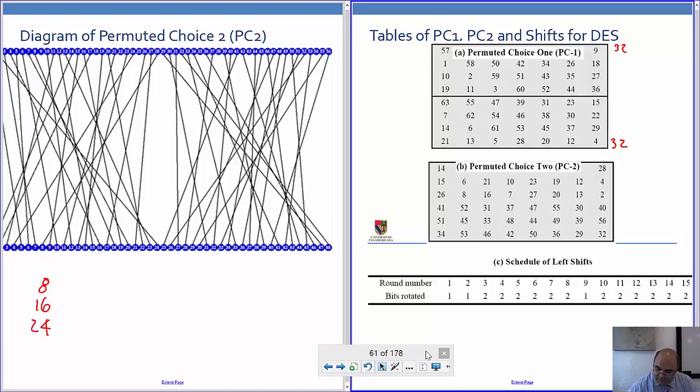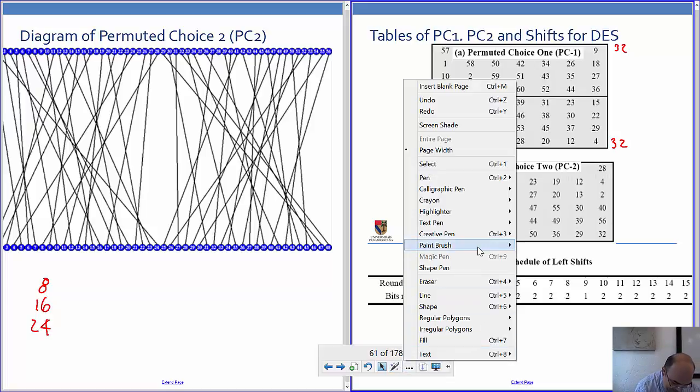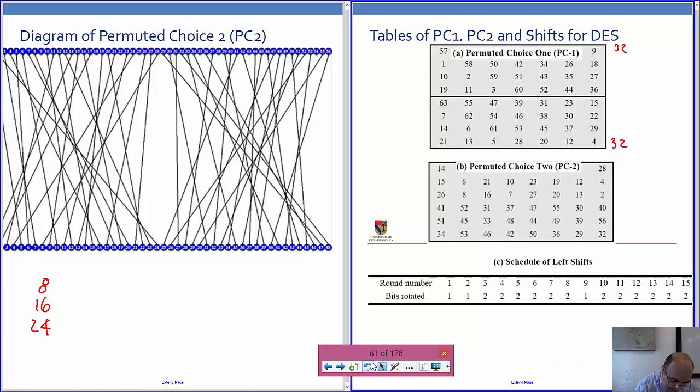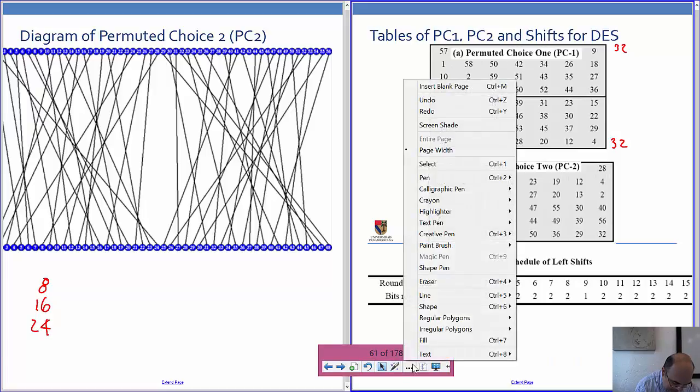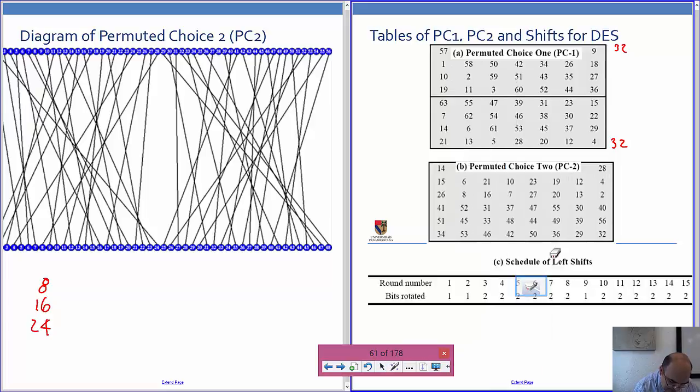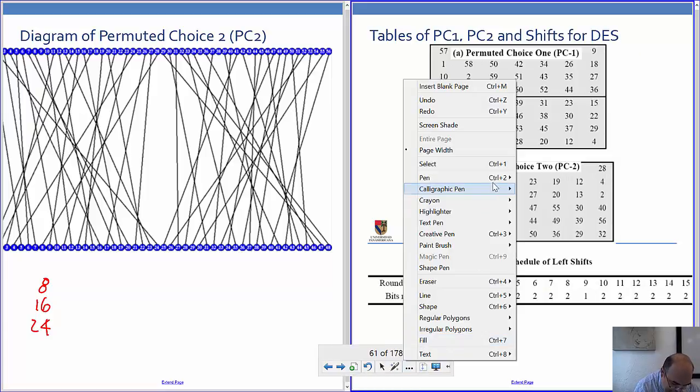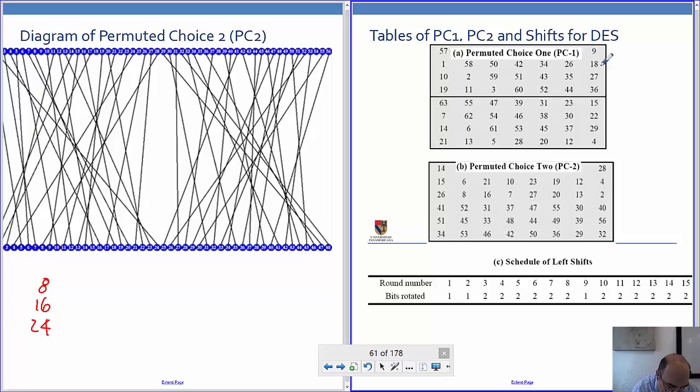Okay, as I can see, there's a mistake here. Let's erase this 32, because in fact we do not have 32 bits here.